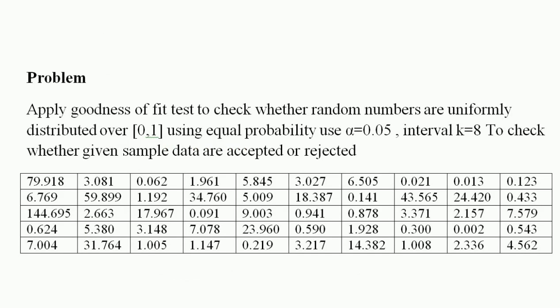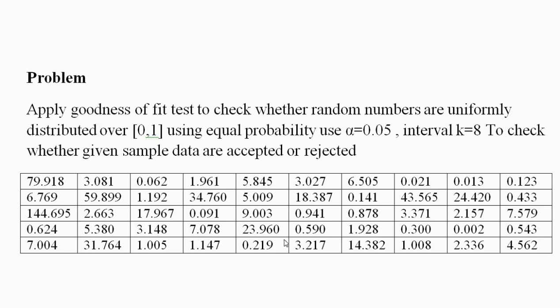The problem given here is: apply goodness of fit test to check whether the random numbers are uniformly distributed over the interval 0, 1 using an equal probability. Use alpha equal to 0.05 and the interval k equal to 8 to check whether the given sample data are accepted or rejected.